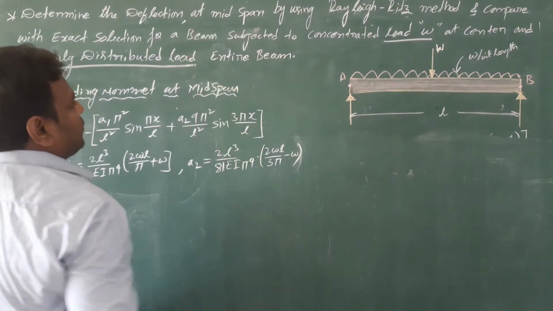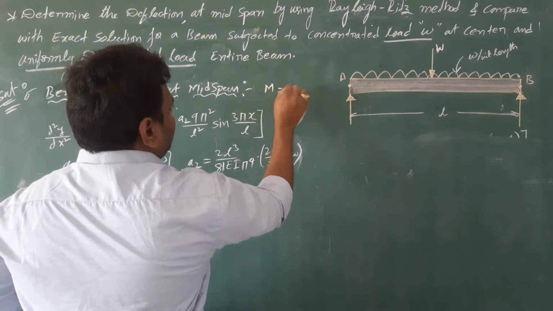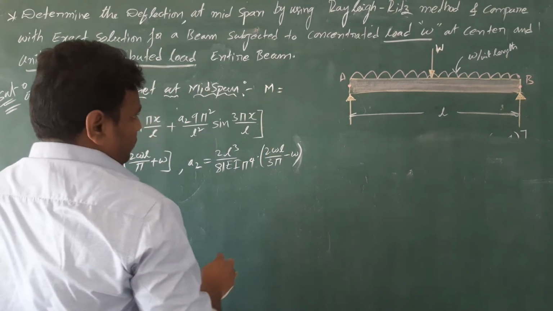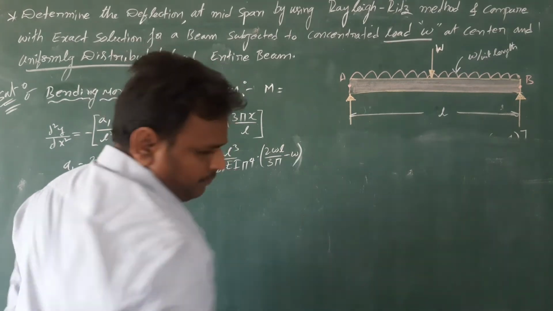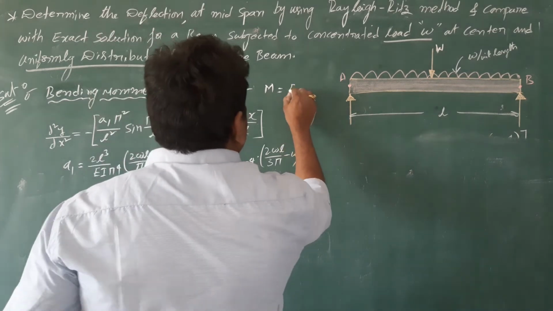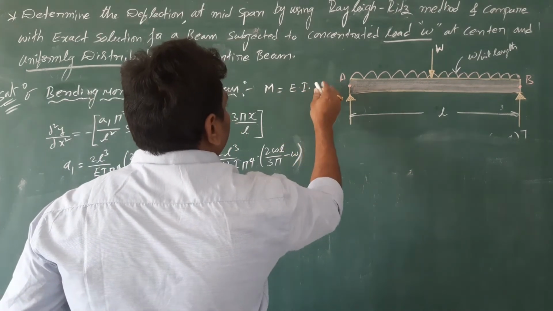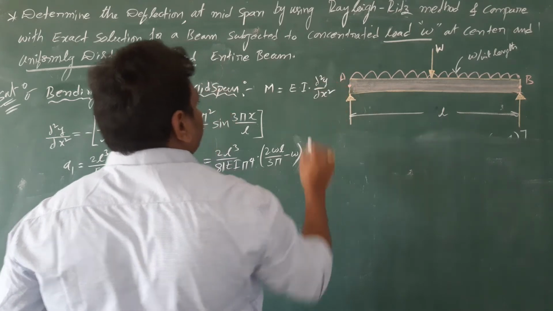You know that bending moment is equal to EI into d square y by d x square.